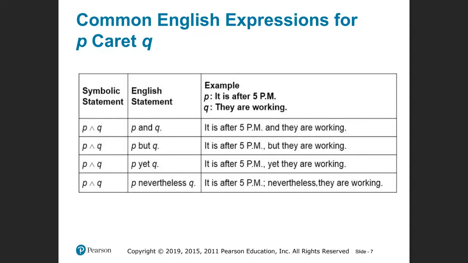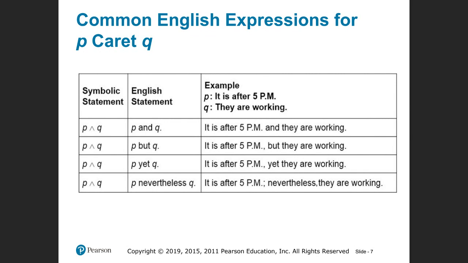Common English expressions for P caret, that's the little arrow pointing upwards, Q. Okay, the symbolic statement is the same in the first column. An English statement would be P and Q. Using the same P and Q we did on the previous slide, we have it is after 5 p.m. and they are working.